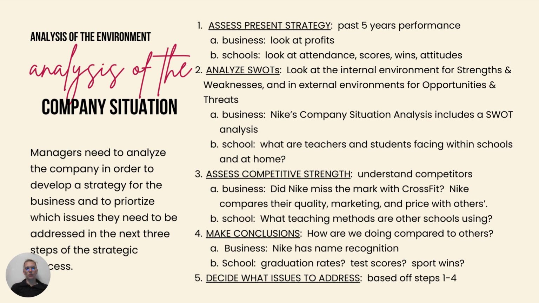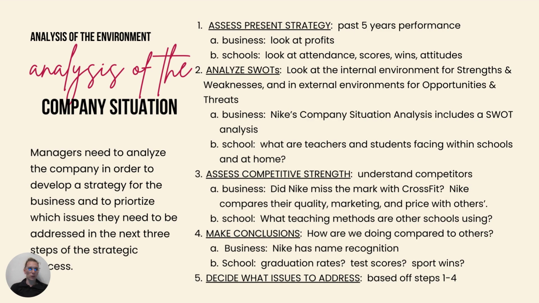So this slide in particular, number 2, pay attention to that. We'll come to it. Number 1, assess present strategy. Past 5 years performance. A business would look at its profits. A school would look at attendance, scores, wins, and attitudes of the students, I guess. Number 2, analyze SWOTs.